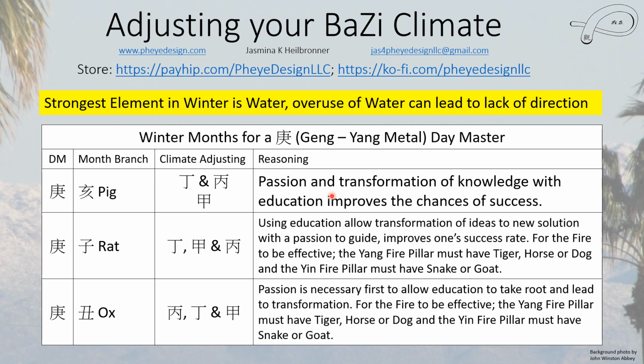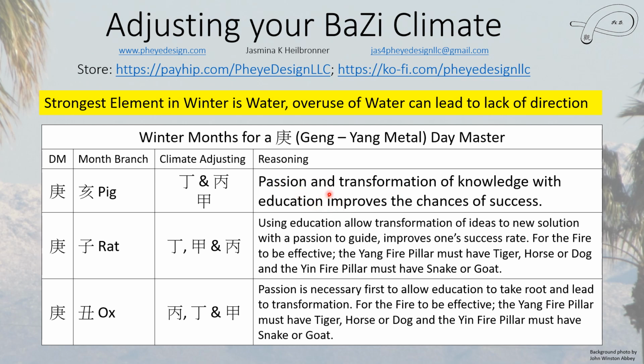Health, maybe not so much, because there's a lot of people trying to hack or hawk these miracle natural solutions, which don't work or don't work very often. But the idea is that with education, you actually see the ability to transform one idea from one piece of tactic or one solution and apply it to what you're interested in.